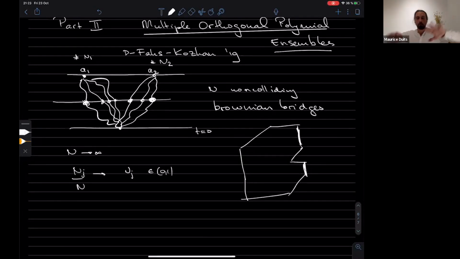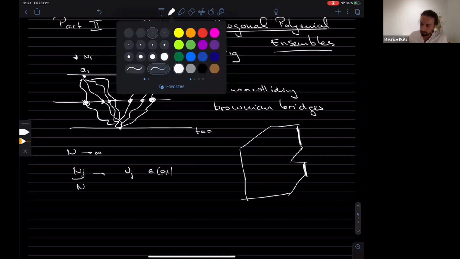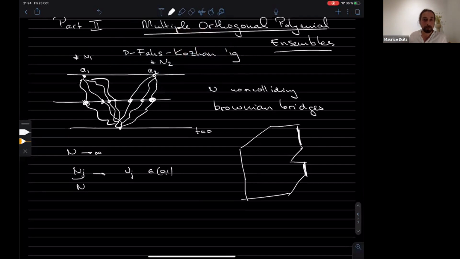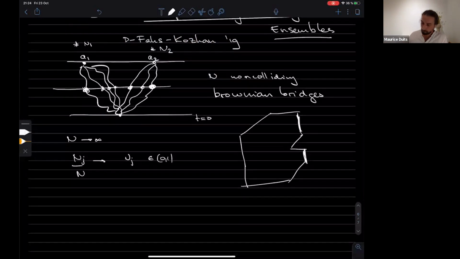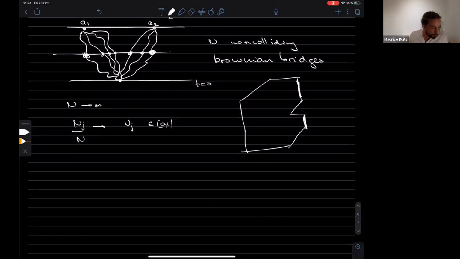So both N1 and N2 go to infinity simultaneously and scale with N in a linear way. And that's important also. Okay, so that's basically what you would like to understand in these things, the large N limit. So let me then say what is a multiple orthogonal polynomial ensemble.